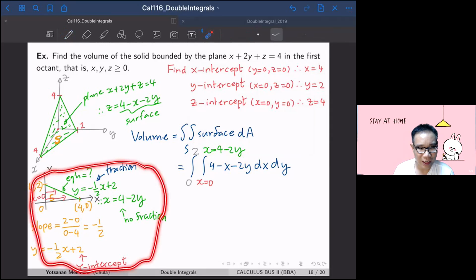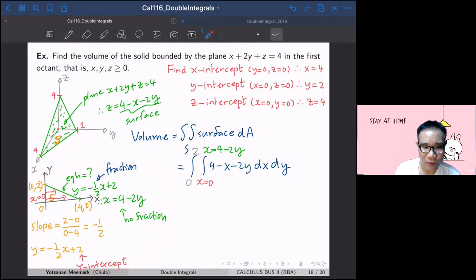This one seems hard because you have to use algebra a lot. I explained this one way because I'd like you to see the correct way to do it. However, the surface is 4 minus x minus 2y, and this region is on the floor.